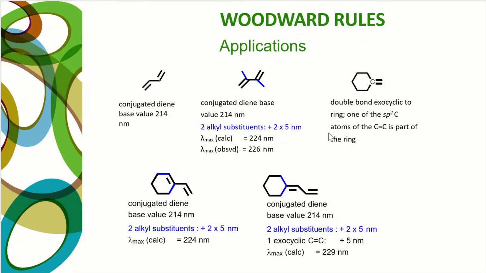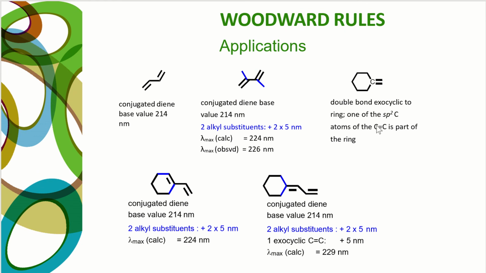So another type of addition that we need to know how to find is the double bond exocyclic to a ring. So this is when you have a ring and you have a double bond that is outside of the ring, and this type of arrangement is called a double bond exocyclic to a ring.